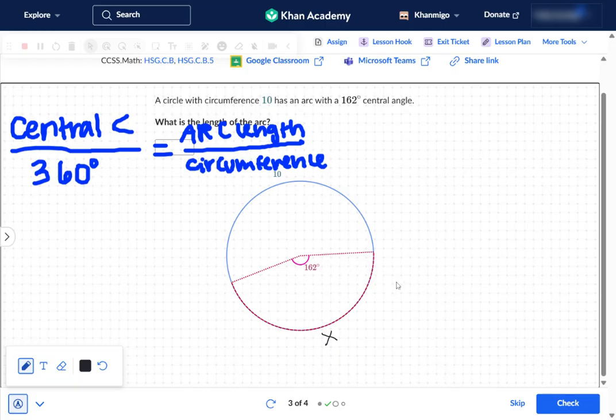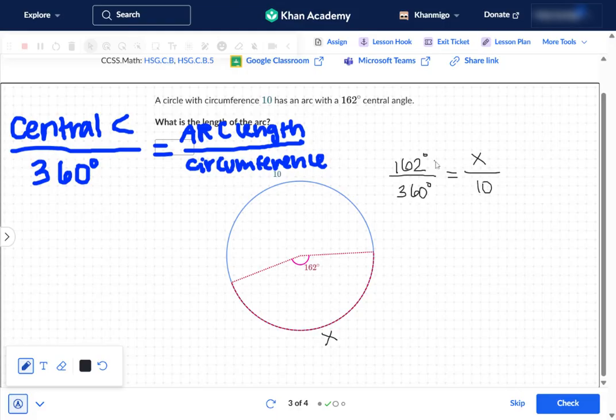Remember, we use Greek symbols like theta, beta, alpha when talking about degrees. Same process: the central angle, 162 degrees, divided by 360 is equal to the arc length, which we don't know, divided by the circumference, 10.